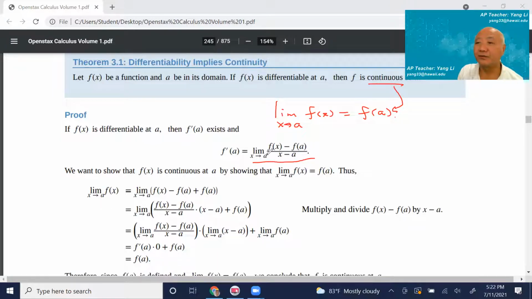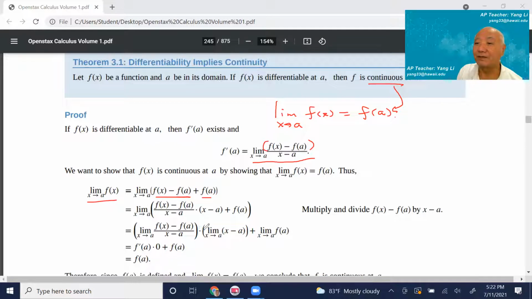So we do it this way, based on this. This is the limit of the function. You can subtract f(a) and add f(a). You may ask why we do that, right? Because we are trying to make this part, f(x) minus f(a).